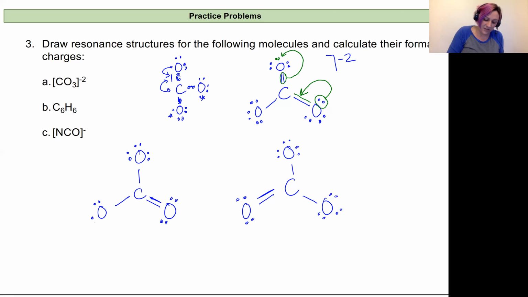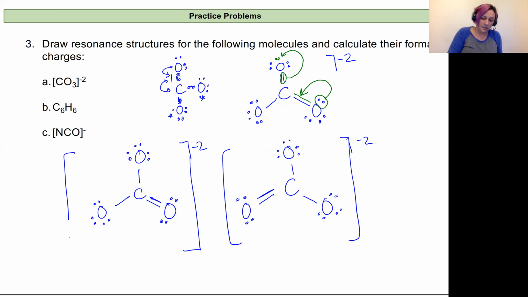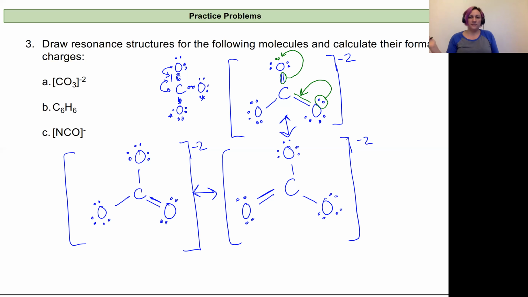And we still have this one untouched to the left, and these all have a -2 charge. I have 3 resonance structures. Now we typically show these with brackets. And to show that they're equivalent, we put this double arrow in between them. So here's the classic way to show resonance structures. There you go. I have 3 resonance structures for CO3 2-.